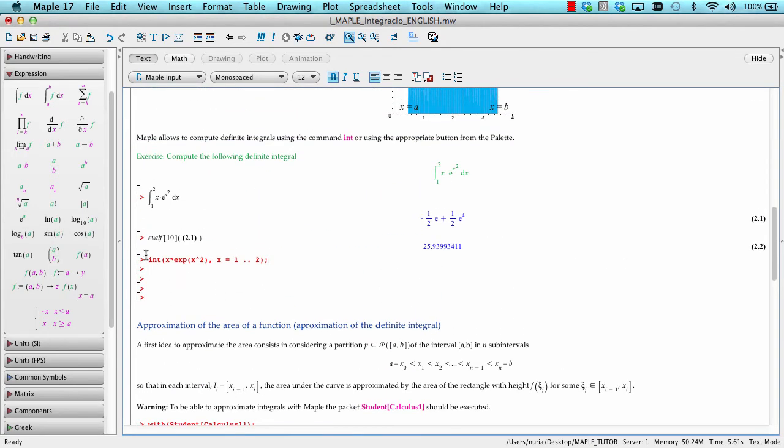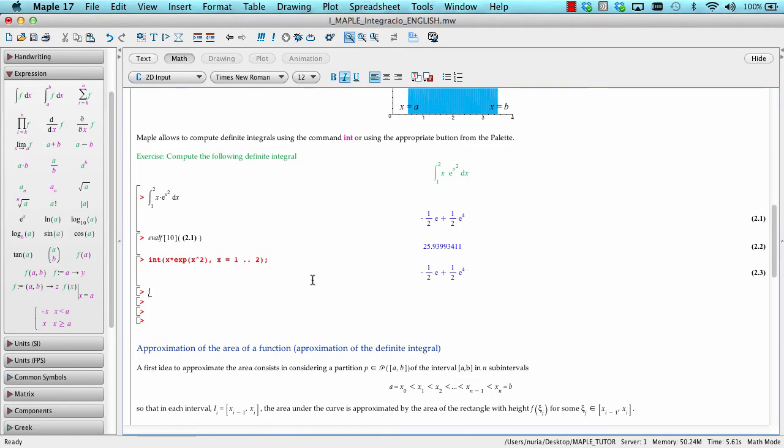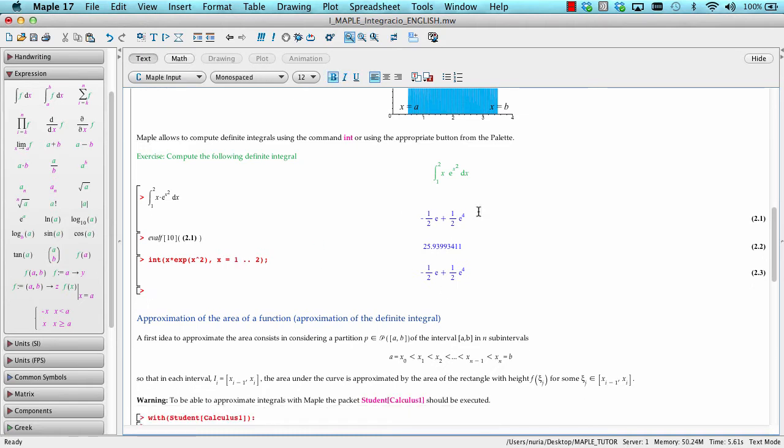The idea is that we use the same int command, but now instead of comma x parentheses, we add x equal, and the lower limit, dot dot, the upper limit. So it's between 1 and 2 or between 10 and 20, it doesn't matter. Here you put the syntax and you get the same result. So now you know how to compute this area directly.